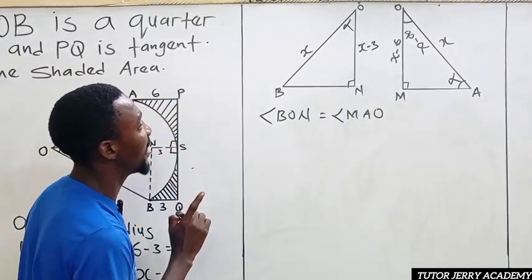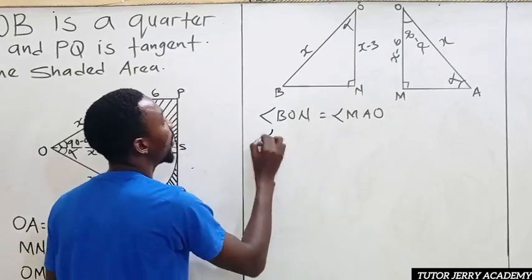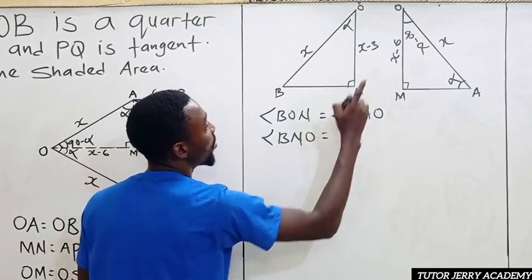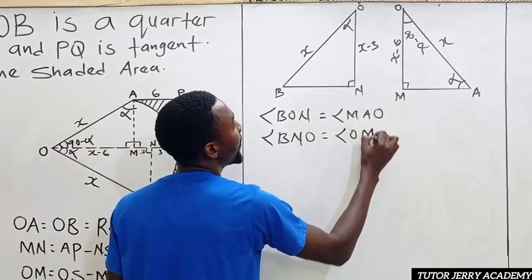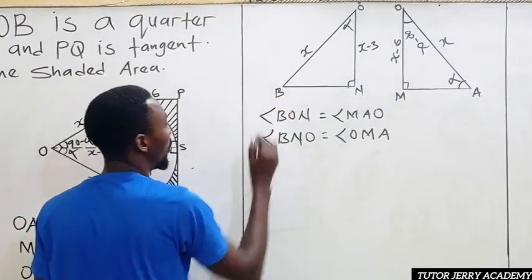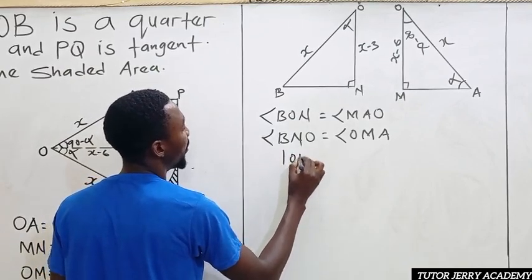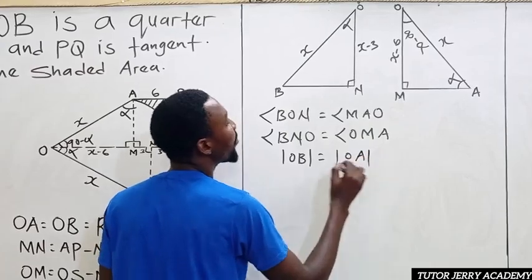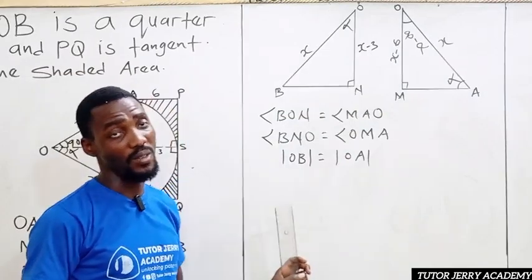I hope you understand that. And you're also going to notice that this angle here, O, is equal to angle OMA. Alright. And again, you are also going to observe that line OB is equal to line OA. So we can therefore say that this triangle is similar to this triangle. Is that clear? All right.